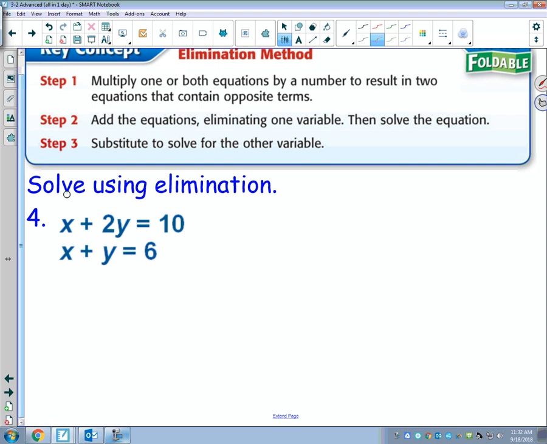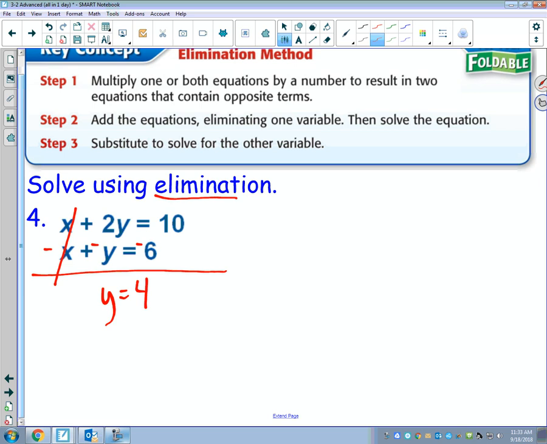If I want to eliminate the x's, could I just subtract this top equation from this bottom equation? And so I'm going to go through and subtract everything. And look what happens. x minus x is 0, which is what we want. We want to eliminate one of the variables. 2y minus 1y is y, and 10 minus 6 is 4, which means right away I know that y equals 4.